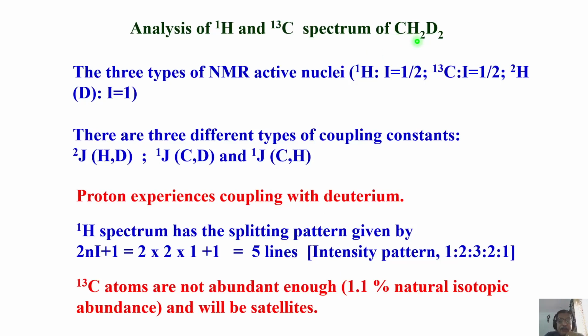Now, I will look at the carbon 13 spectrum. What type of spectrum are we going to get for carbon? Of course, we will discuss more about carbon NMR in the next 1 or 2 classes in depth. I will tell you a lot about carbon 13 NMR. At the moment, similar to the analysis of the proton spectrum, we can generate the carbon 13 NMR spectrum just by looking at the splitting patterns.